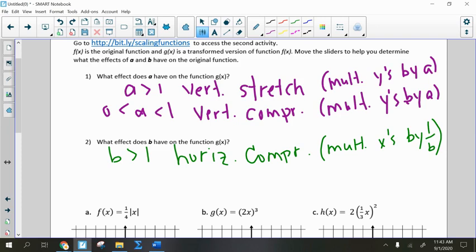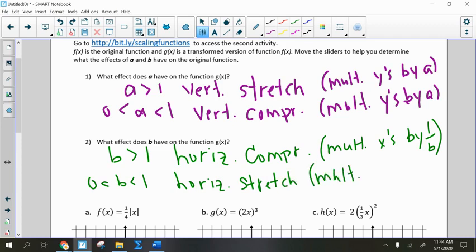Since B is bigger, you have to multiply by the reciprocal. Now, if B is a fraction, between 0 and 1, you're going to have a horizontal stretch. That's when those x values spread out. You will still multiply the x's by 1 over B, but it's going to make it a number bigger than 1. It's going to be the reciprocal.